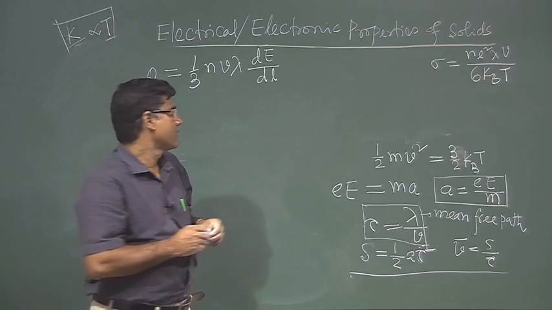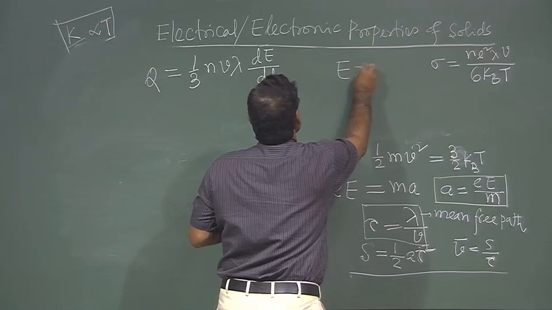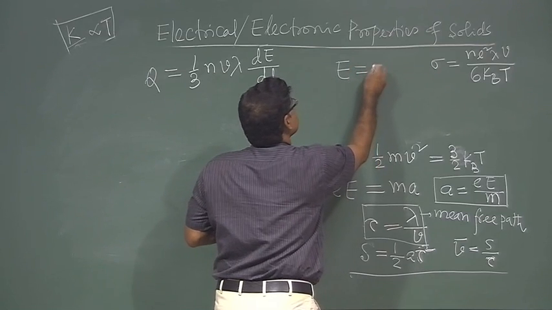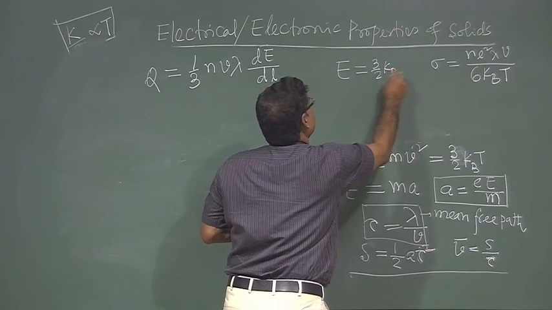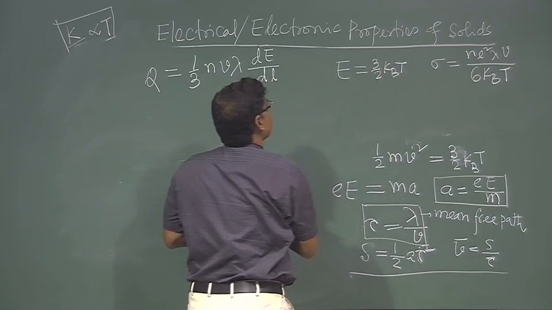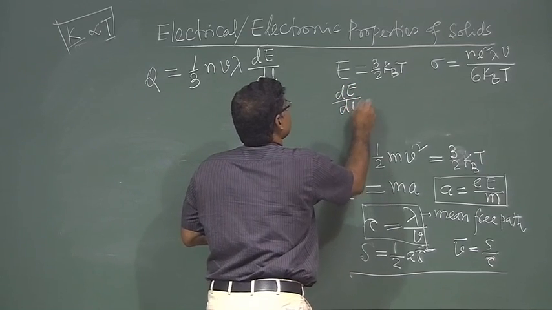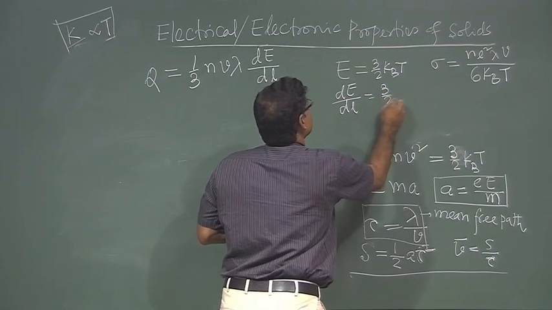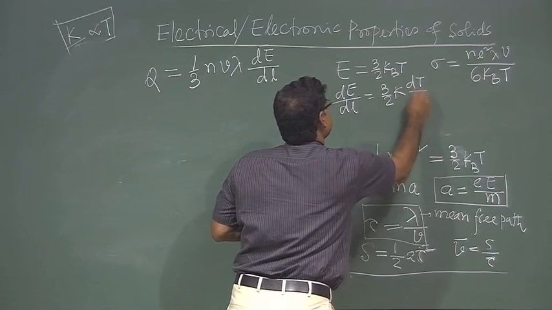Okay. So, what is the kinetic energy E? That is 3 by 2 kBT, right. So, dE by dl will be 3 by 2 k dT by dl.